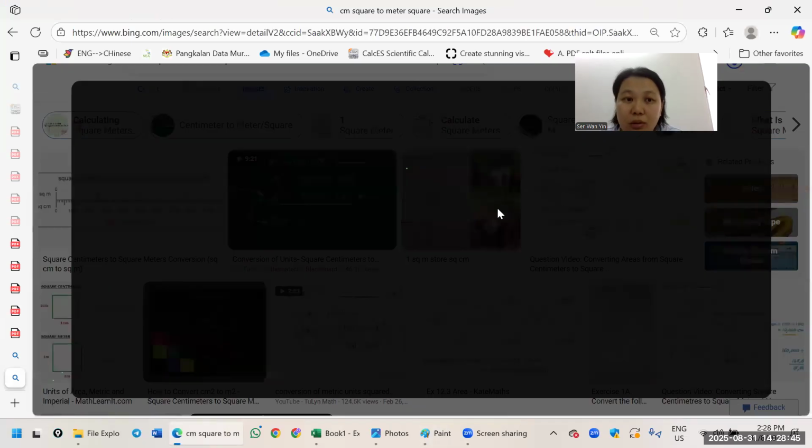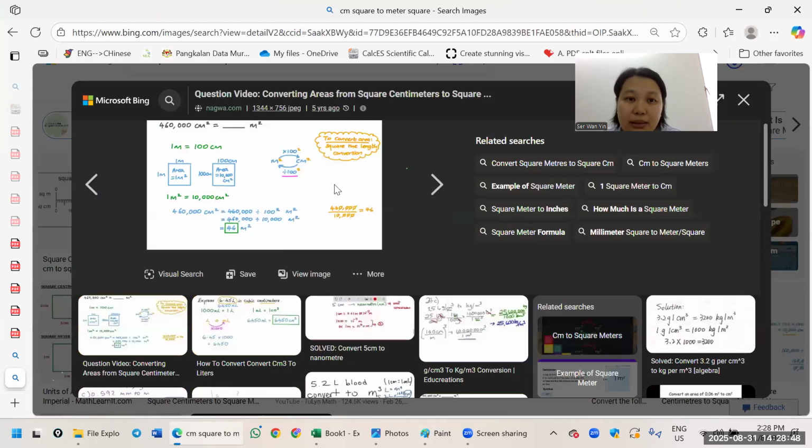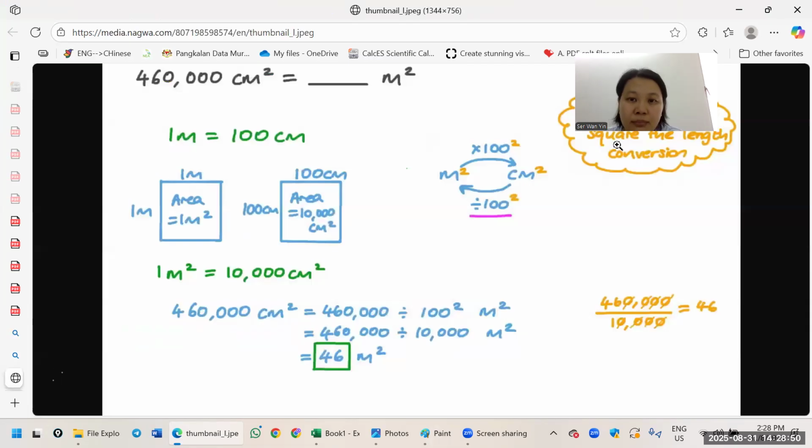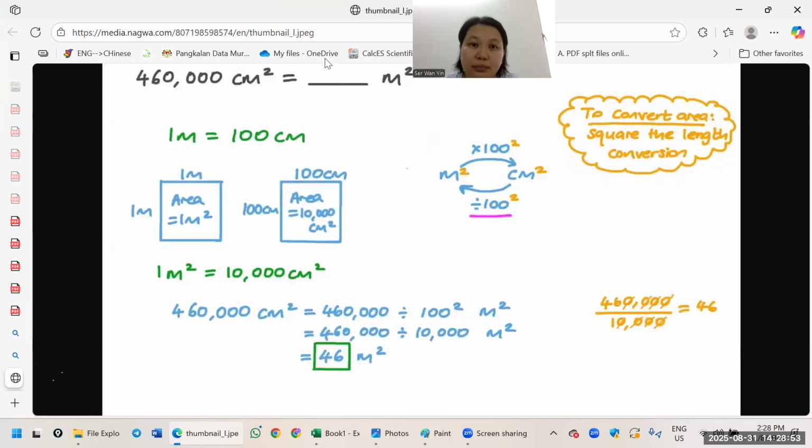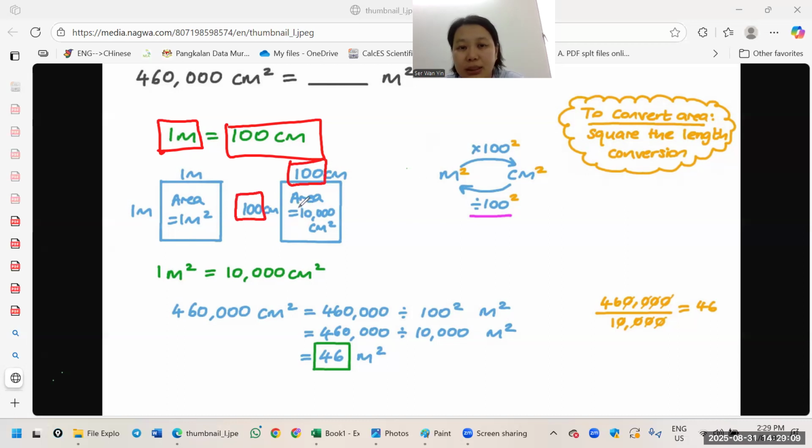Or you can check something like this. 1 meter is 100 cm. So if you want to change meter square to cm square, you need to use 100 cm times 100 cm. So actually it's 10,000 cm squared. So cm to meter is divide 100.